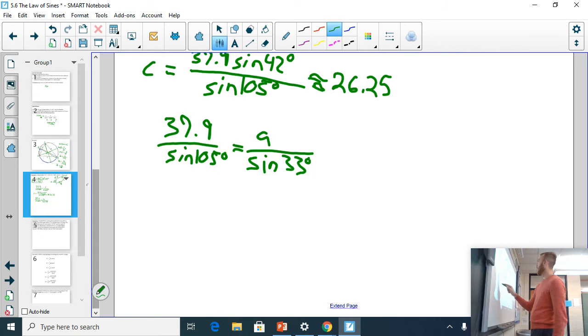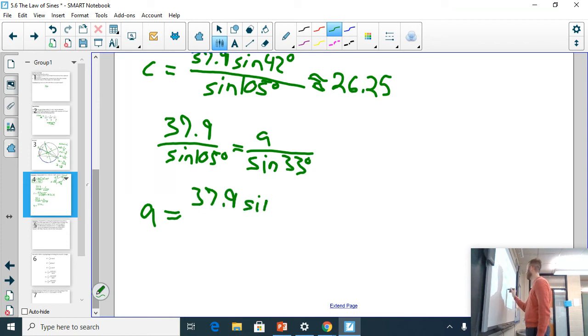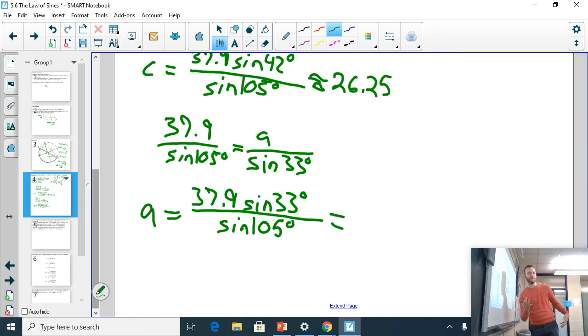And again, from here we just multiply the sine of 33 degrees over, and we'll get a equals 37.9 times the sine of 33 degrees all over the sine of 105 degrees. And that is, again, something you just punch into your calculator. And once you do that, you will get that a is about 21.37.